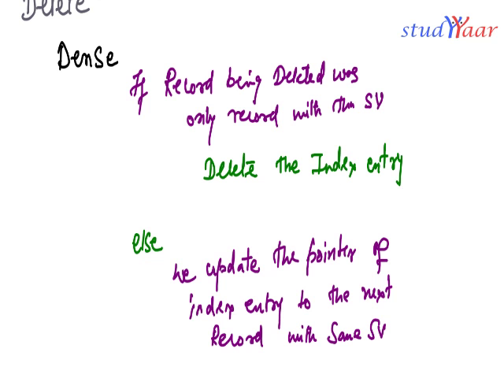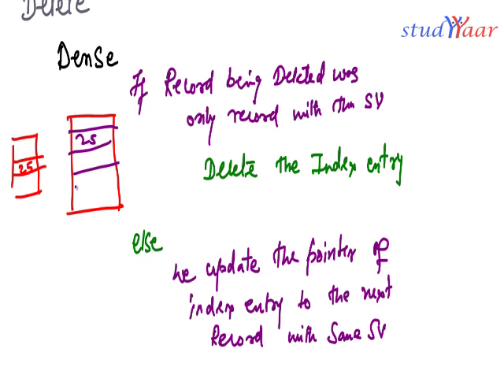so let's realize what is happening here. Let's suppose this is my index and this is my file. Okay, I have 25 here and in my file I have a 25 over here, I have a 25 over here. Obviously this is pointing to this. If I am deleting this, then I would have to update my pointer so that it now points to this, and this is deleted.